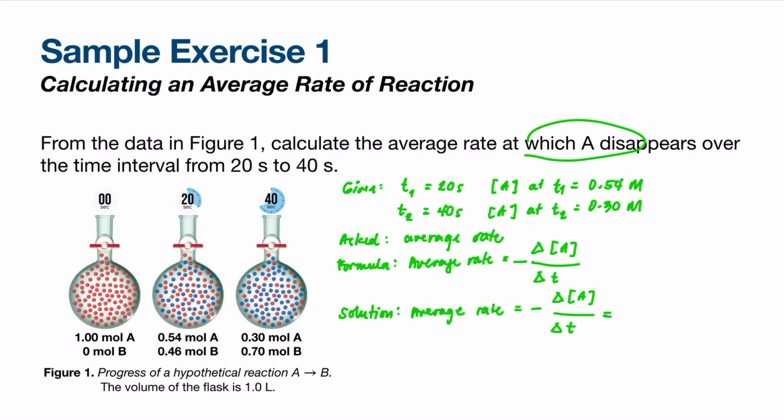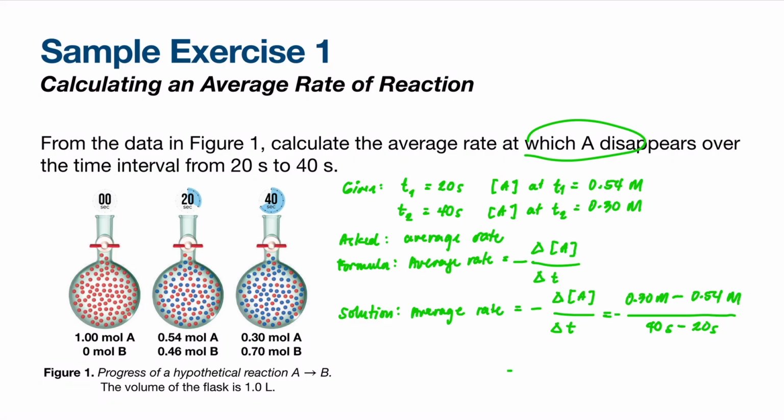At first, we are going to identify the change in concentration of A, and that is going to be final value minus initial value. The final value for the concentration of A is 0.13 molars minus 0.54 molars, divided by the change in time, which is 40 seconds minus 20 seconds.